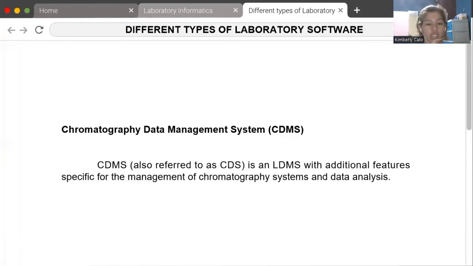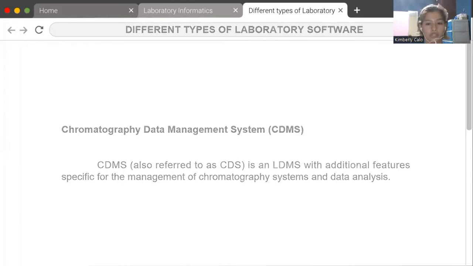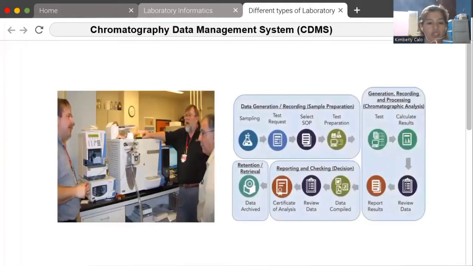As a result, the majority of the work can be completed on the user's personal computer. So here is an example of CDMS. As I said, all chromatographic systems are controlled by the central servers, and they generate data records and process.